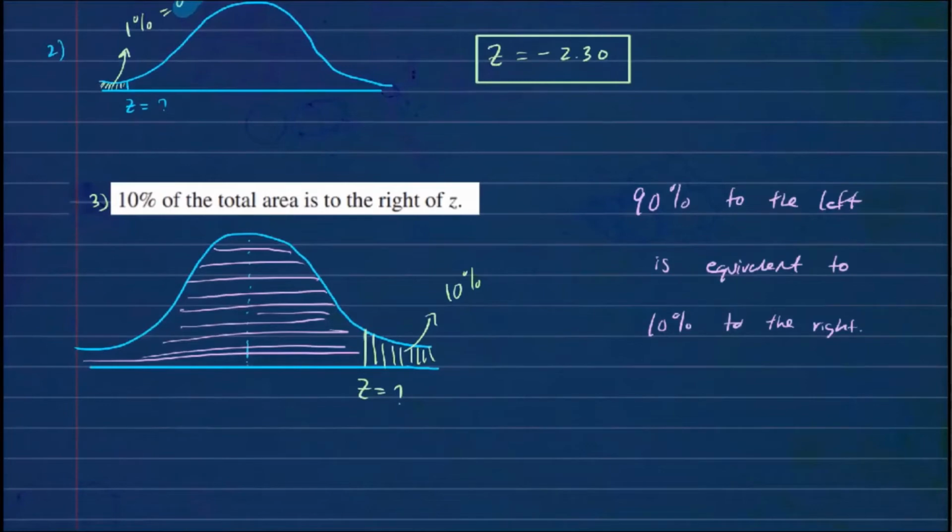So this covers 90%. We're going to look for 0.9 in the body of the z table and read off what the z is, because that's the same z that will correspond to 10% to the right. So look for 0.9 in the body.